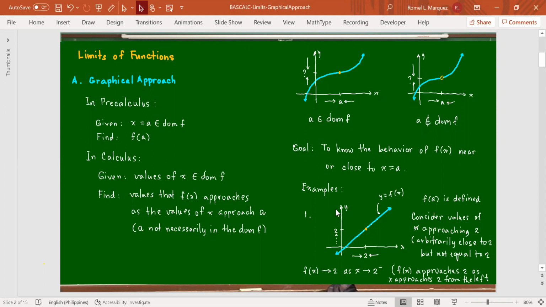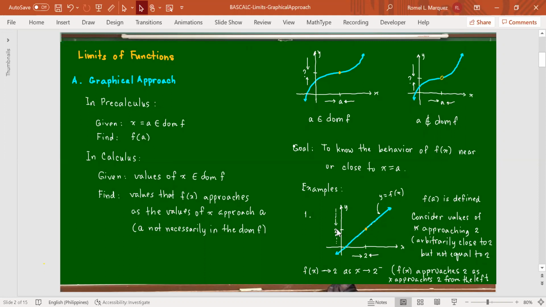It will be coming from here, no? What do you think? It goes to this number, no? As I travel from the right, going to this point, as I am very, very close to this point, the function value is very, very close to 2, no?